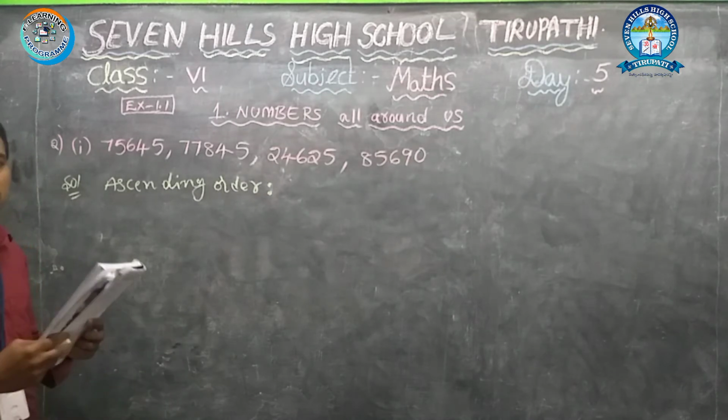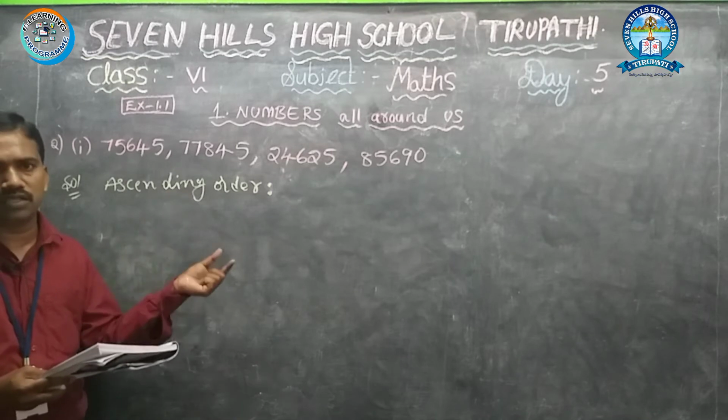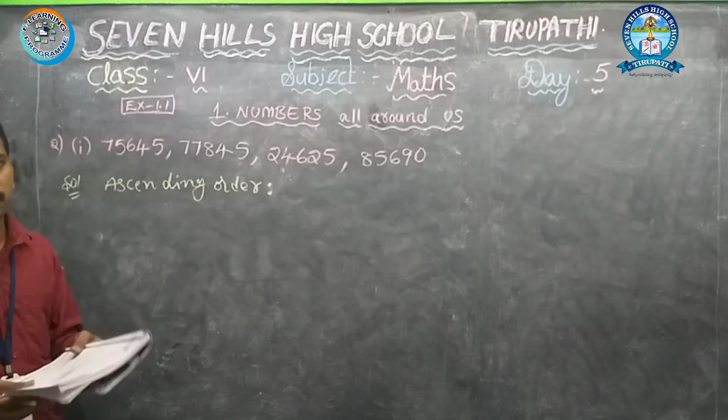Ascending order means small to big. That means we want to find the numbers from the smallest to the greatest, right?